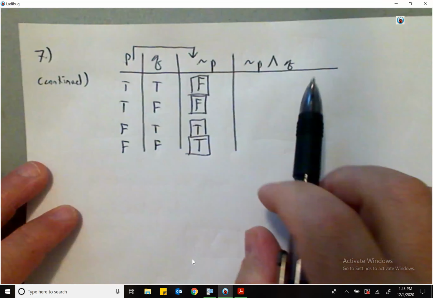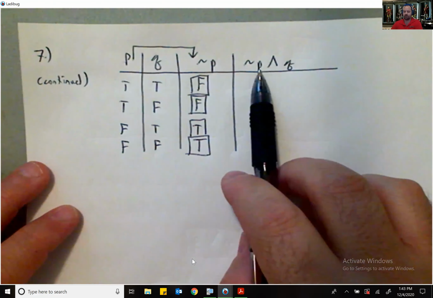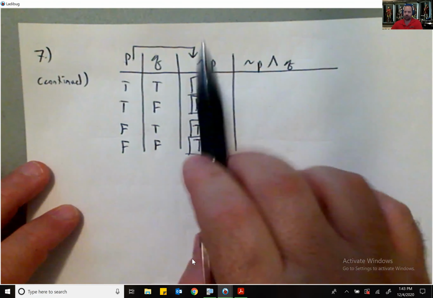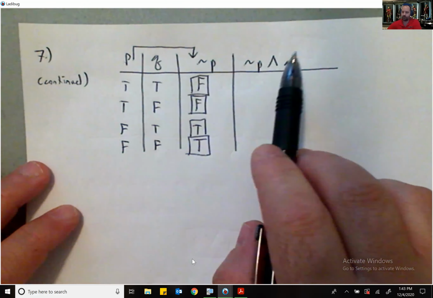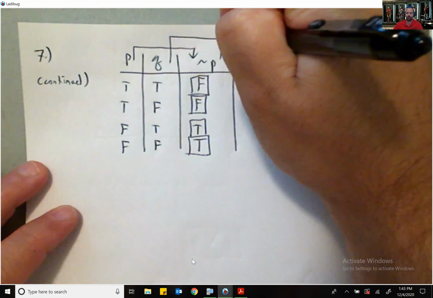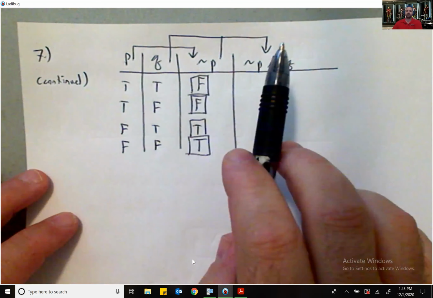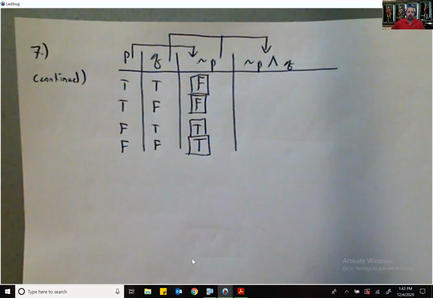And then now you're going to take care of the and. So the and wants us to use the negated statement column and Q. Remember, we don't create columns unless we're going to use them. So we're going to use these 2 columns now. Ands are only true when what happens? Only true if both of them are true. You got it.